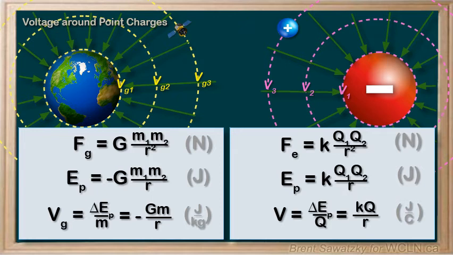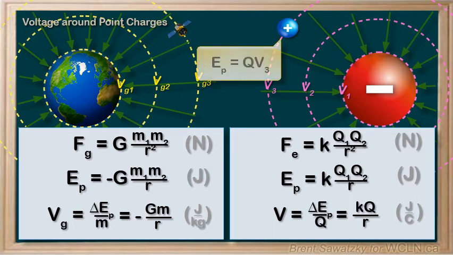Again, this potential value or voltage doesn't depend on the second charge. For example, let's consider our voltage at this third line. To determine the potential energy of a particular charge at this position, we simply specify the second charge and multiply. EP equals Q times V. If it's a 1 Coulomb charge, then 1 Coulomb times kQ over 3r joules per Coulomb.